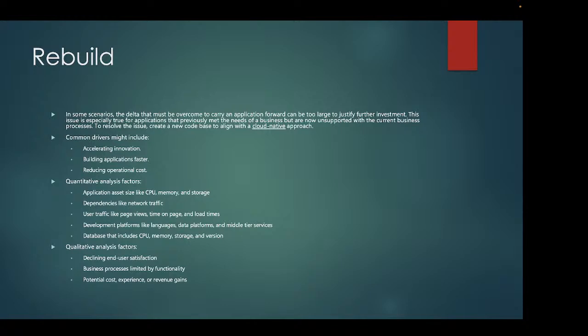And then we have rebuild. So what does rebuild come in with? Rebuild means you are going to rebuild the whole application, the majority of it. There can be parts of the code that you can reuse, but still you are going to change it.